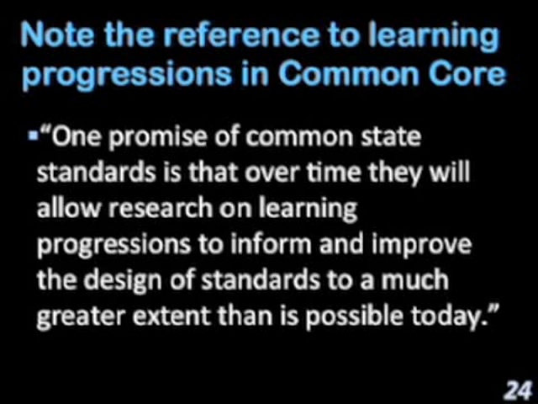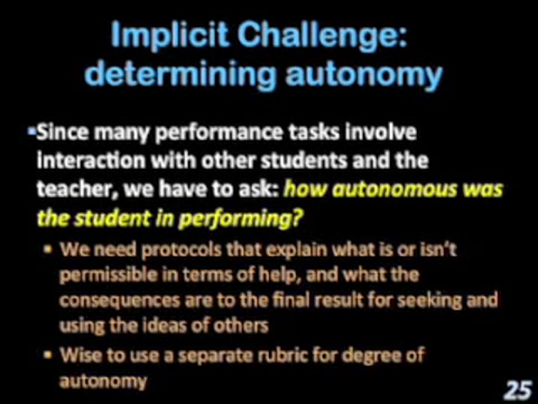One other point to mention about absolute performance levels: it's not enough, we think, to just identify the absolute scale, to identify worthy tasks, to build the rubrics accordingly. There's an implicit challenge that goes along with this.